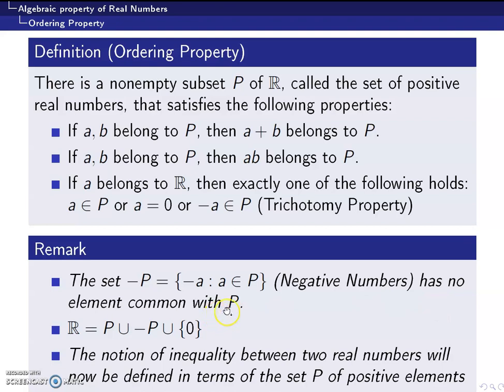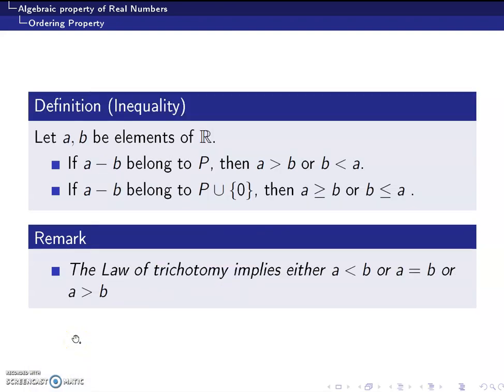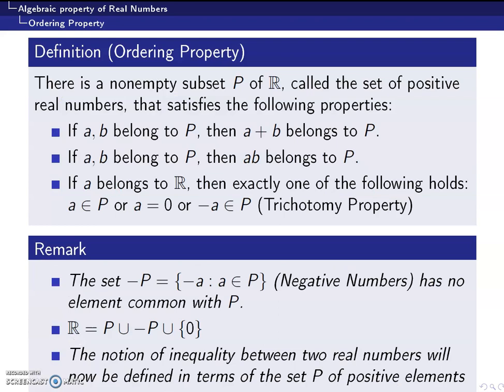So there exists no element which is common to both P as well as minus P. Using this and the ordering property, we can subdivide the set of all real numbers into three different classes: the set of all positive numbers, the set of all negative numbers, and the 0. So the set of all real numbers is a union of three disjoint sets P, minus P, and the set 0.